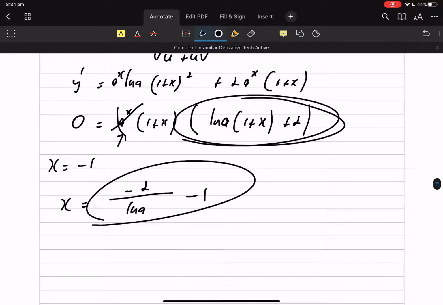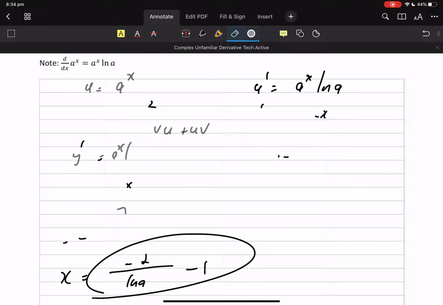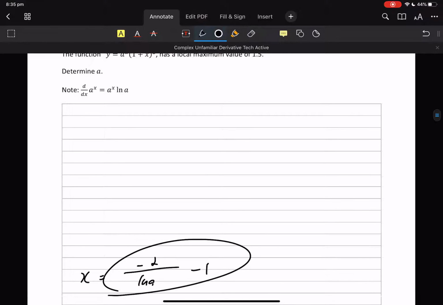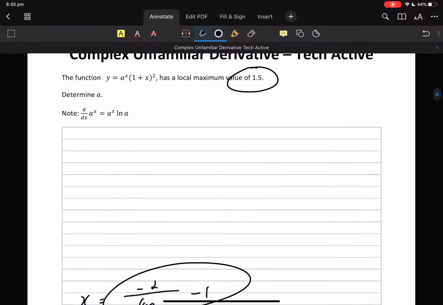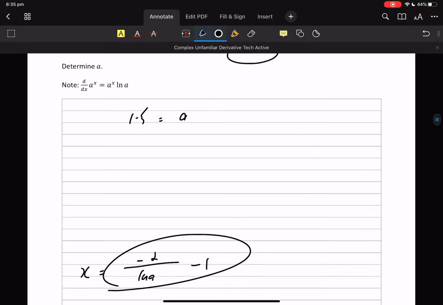Okay, so that's important. So we now know where x equals that value there, we have a stationary point and the value is 1.5. So I think if I go 1.5 equals a to the x, well that's up here, -2 natural log of a, -1.